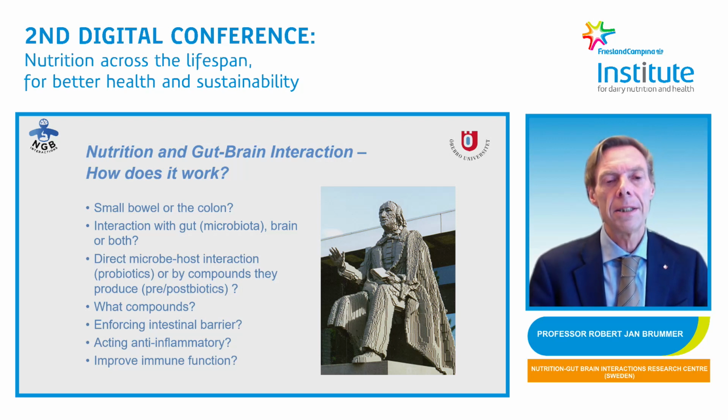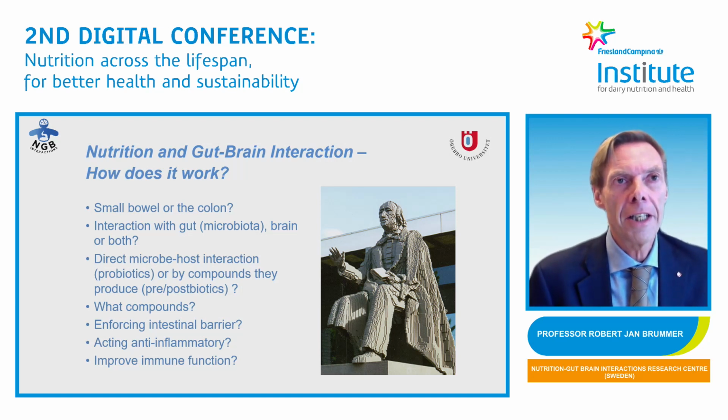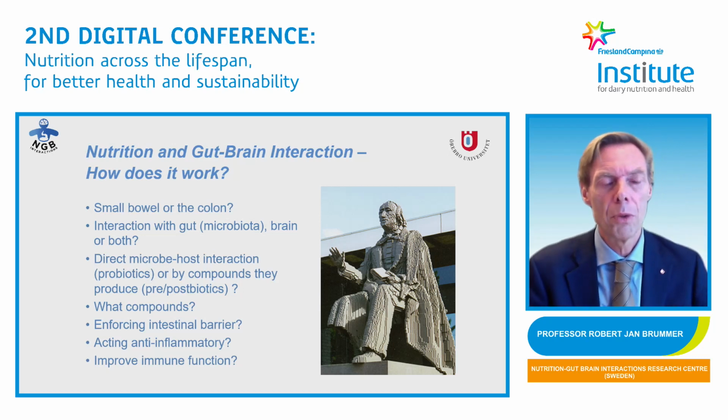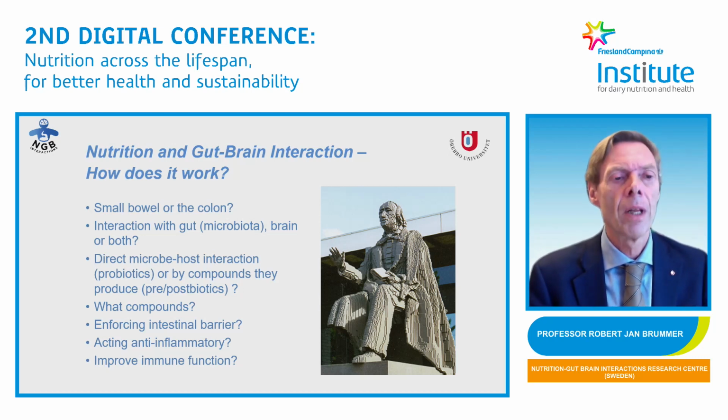Because the diet does not only contain prebiotic agents or probiotic agents, it contains antioxidants, it contains different fatty acids and so on. Well, we do not exactly know how it works. For example, one of the problems is that we still do not know whether a lot of these effects of nutrition on gut-brain interaction are on the small bowel level or on the colon level. Probably it's much more on the small bowel level than we think.